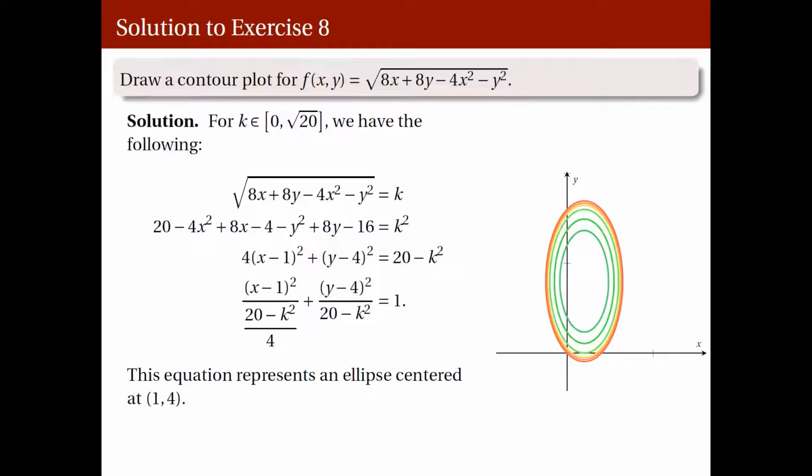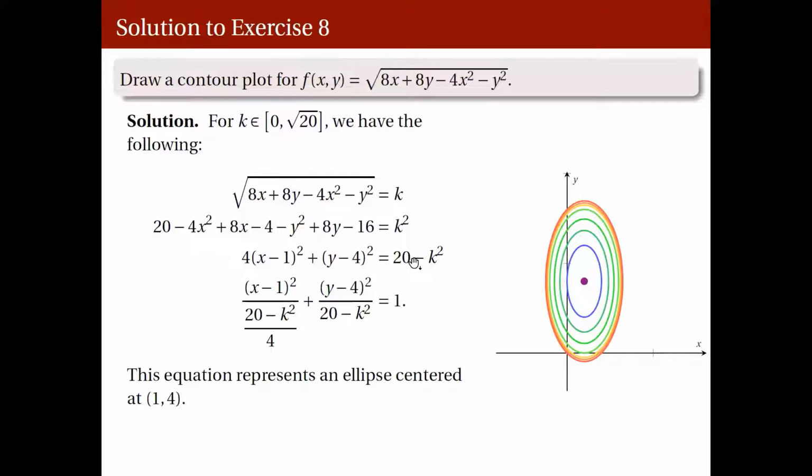So we see that the ellipse gets smaller until eventually at k equals square root of 20, we get that dot, which should be consistent with its equation. Because if k is square root of 20, then this third line here says that the sum of squares on the left is equal to 0.